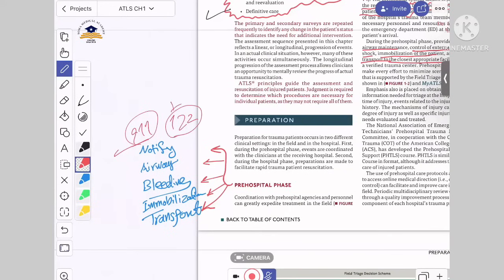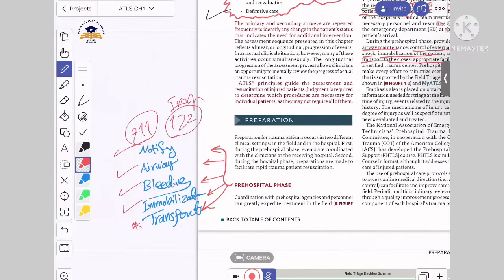This is in Iraq only. Once the emergency team reaches the patient, they will try to maintain the airway, stop bleeding, immobilize the patient, and then transport to a trauma center or emergency department.